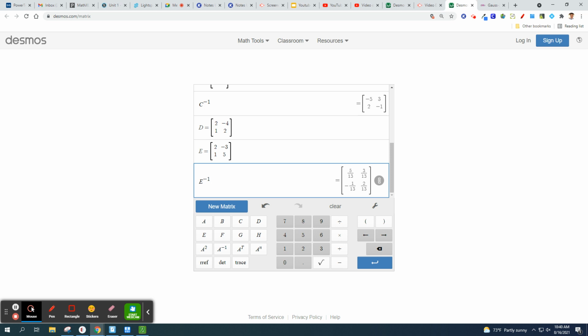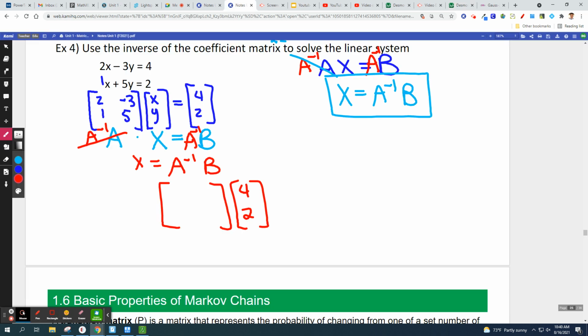We get that nasty looking thing right there, okay? E inverse, change to fractions, looks like 5/13, 3/13, negative 1/13, and 2/13. Okay, fine. 5, 3, negative 1, 2.